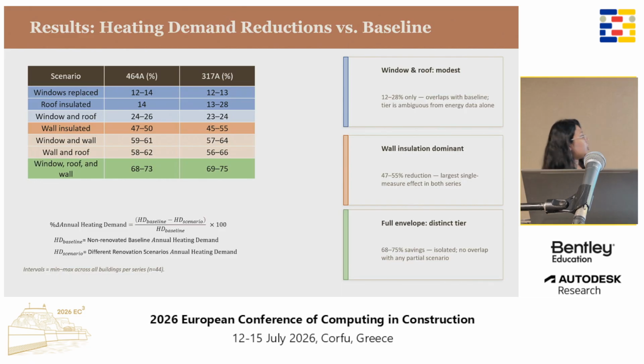The renovation scenarios involving window or roof, or both window and roof, have moderate heating reduction, up to 28% maximum, while the scenarios involving the wall have the biggest impact as a single renovation, and deep renovation is very clearly identifiable. In this case, deep renovation means window, wall, and roof only.